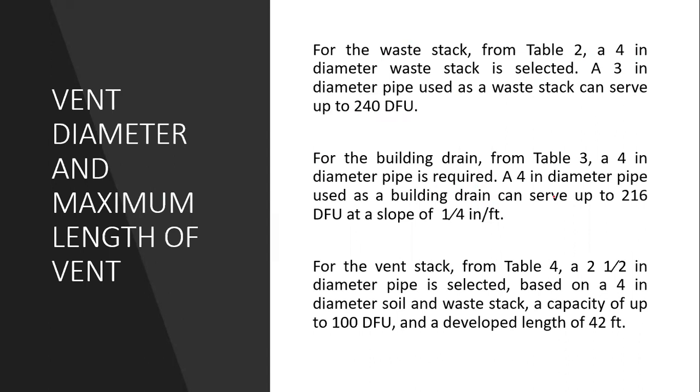A 4 inches diameter pipe used as a building drain can serve up to 216 drainage fixture units at a slope of 1/4 inches per feet. For the vent stack from table 4, a 2 1/2 inches diameter pipe is selected based on a 4 inches diameter soil and waste stack, a capacity of up to 100 DFU and a developed length of 42 feet.